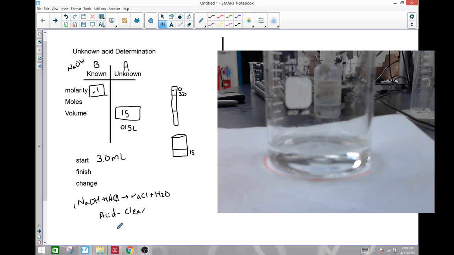So what I'm going to do is titrate this until it goes from clear to pink, until it turns pink and stays pink. I don't want a real dark pink. I want just the first faint pink to stick around for 5 to 10 seconds or so.